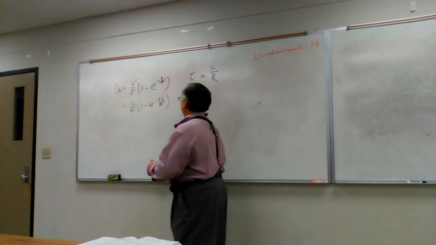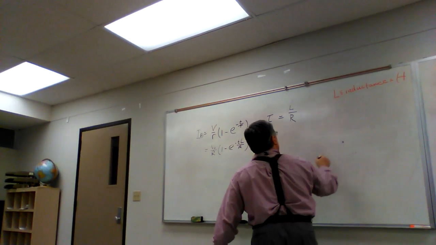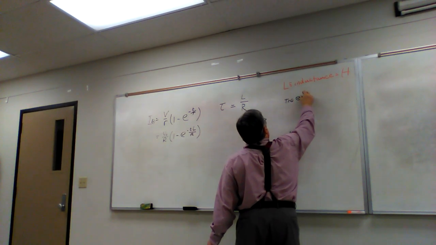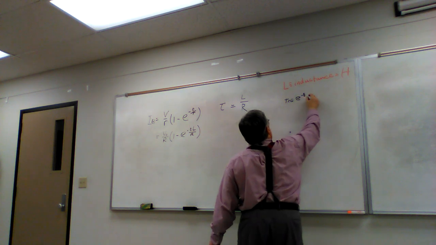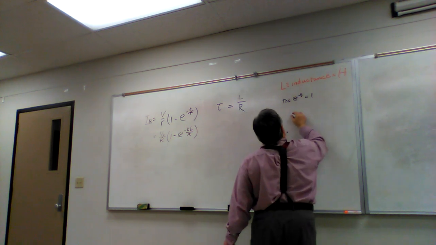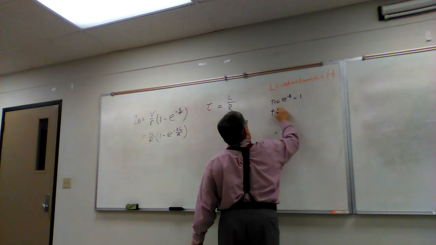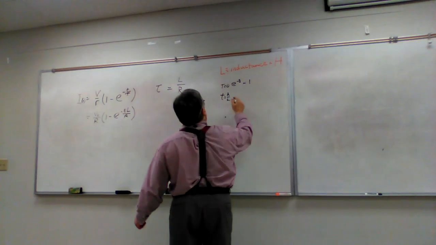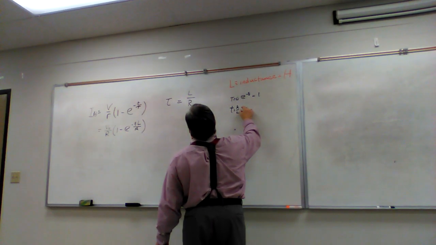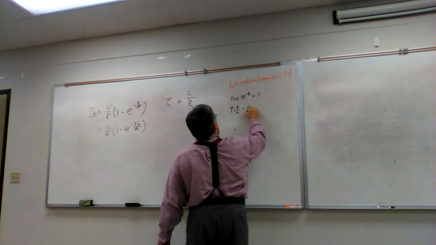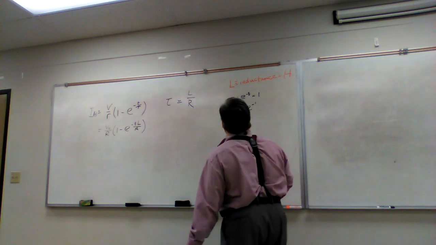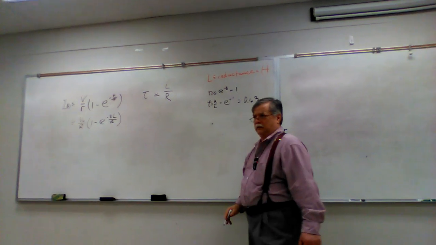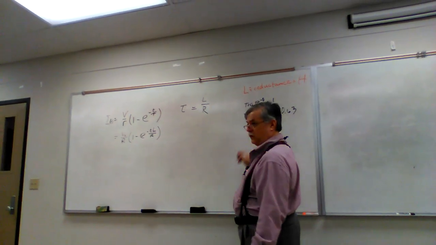At t equals 0, this is e to the minus 0, which equals 1. At t equals L over R, or one tau, then it becomes e to the minus 1, and that's what, 0.63 or something? 63%? That's one time constant.